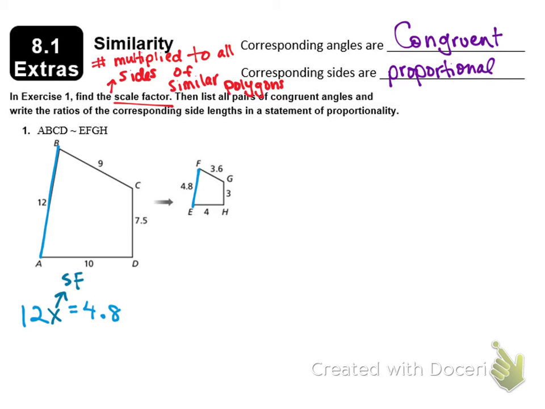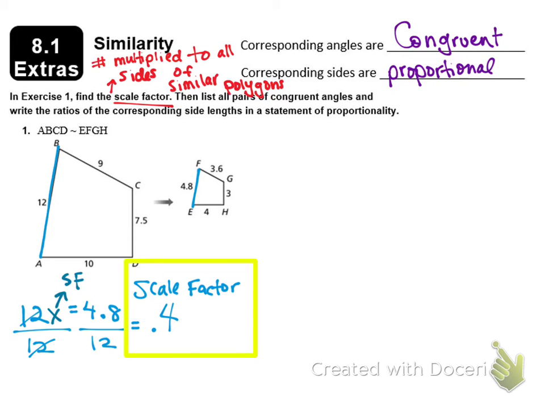We started with a decimal, so our scale factor is going to end up being a decimal. Divide by 12. What is the scale factor? It's 0.4. So the scale factor is 0.4.